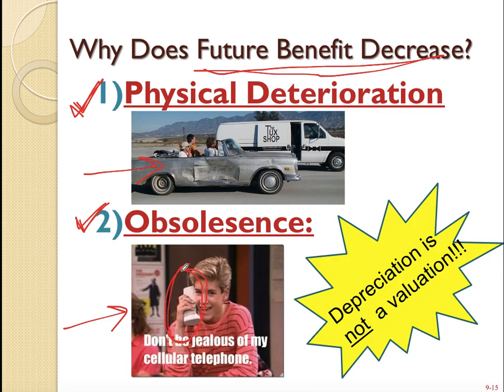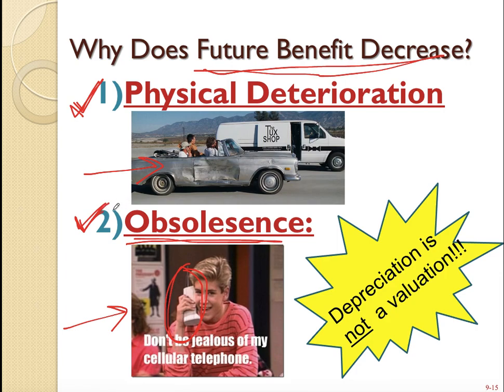Those giant brick cell phones, nobody uses those anymore, and for that reason, if that was your asset, eventually it would not have a future benefit because the technology is so old, and we call that obsolescence. So whether it's physical deterioration or obsolescence, meaning the technology is old, either way your future benefit's decreasing.